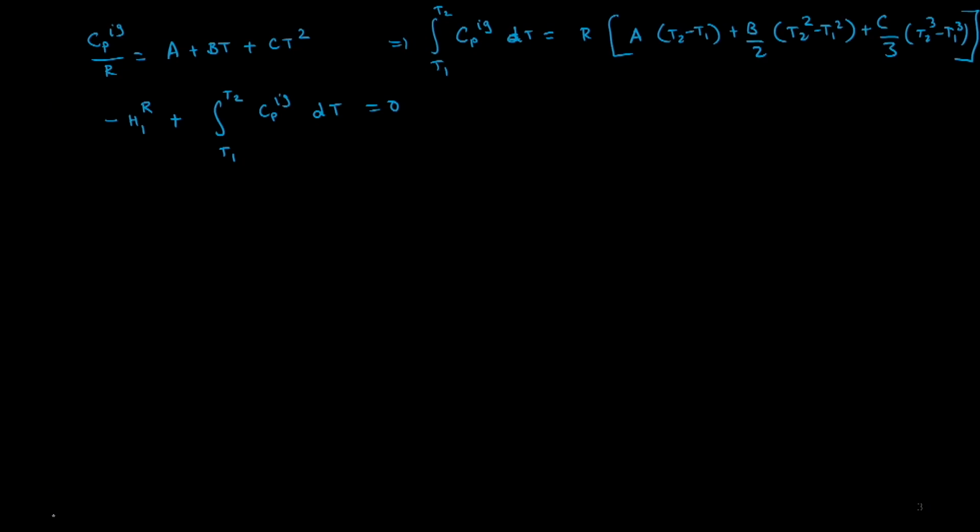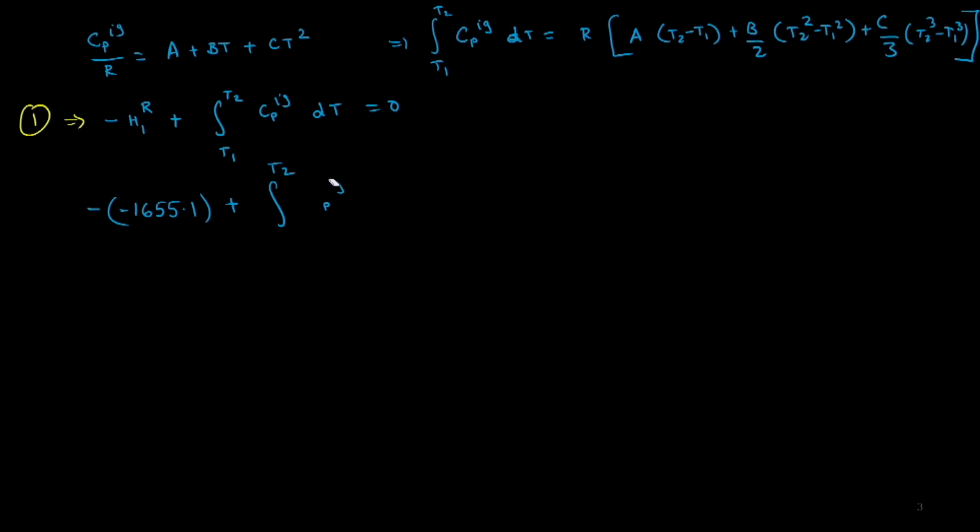So then equation 1 reads negative of 1655.1. That was the value of H1R. H1R was negative 1651.1, so negative of that will be positive, plus integral from T1, which is 486.2, to T2 of CPIG dT.